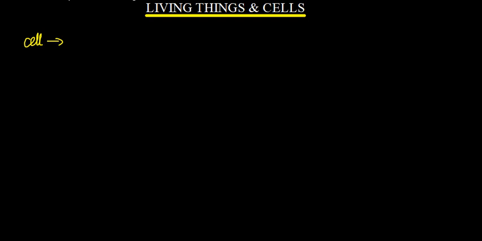The fundamental basic unit of a living organism. It's actually the functional unit of any living organism. Without a cell, you can't have a human being. So it's a functional unit. That's why we call it fundamental.